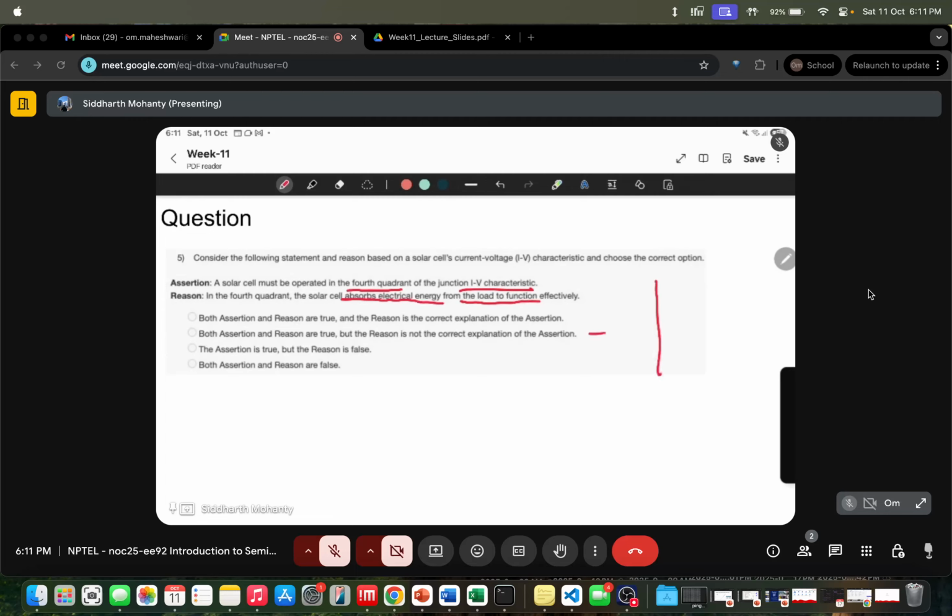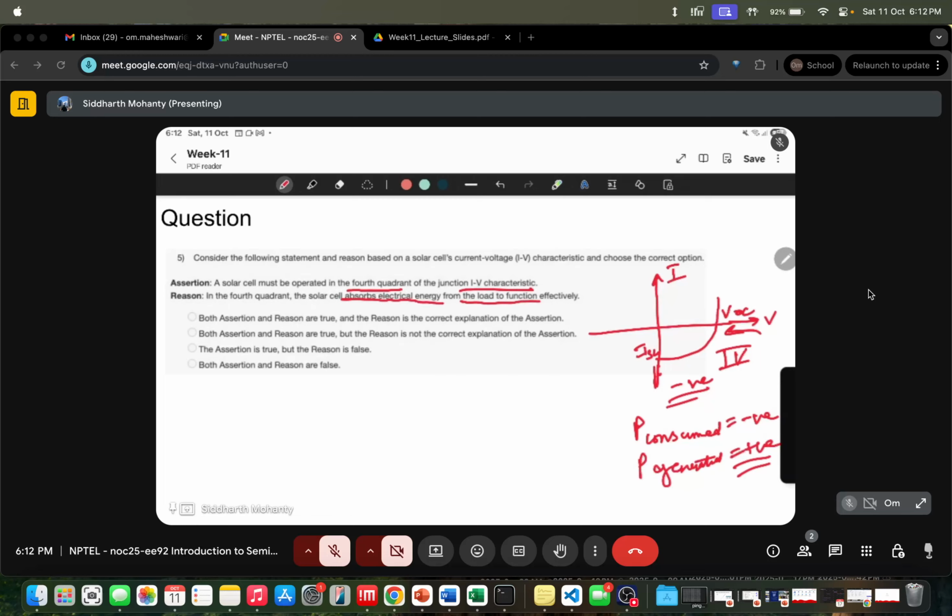If you see the solar cell's IV characteristics, it's something like this, right? This is ISC, this is VOC. So it operates in the fourth quadrant. Why does it operate in the fourth quadrant? If you see, VI is negative here. So when something is operating here, it is not consuming power. The power consumed is negative, which means power generated is positive.